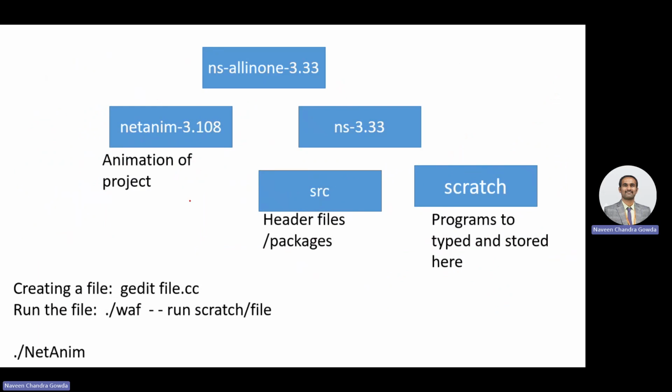However, I have given this in the previous video also. Inside this Scratch folder only, we'll be creating the source program and we'll be running the program from NS3. And if you want to see the animation, I need to go to the netanim folder. Making sense, right?